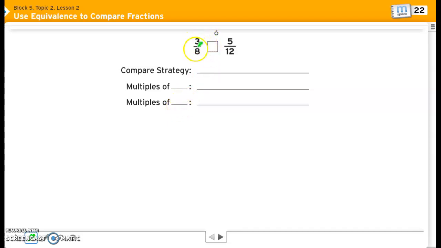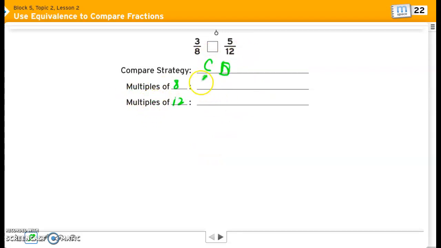I know that 3/8 is less than half because 4/8 is half. 5/12 is less than half because 6/12 is half, and both of these are less than 1. So again, I have no other strategy to use other than finding that common denominator. We're going to be looking for the multiples of 8 and the multiples of 12 to find the one that's in common.